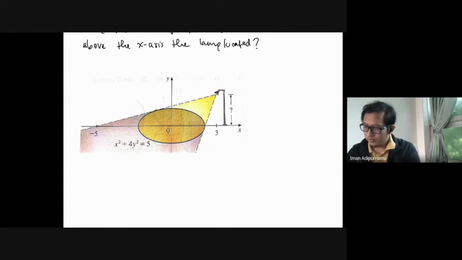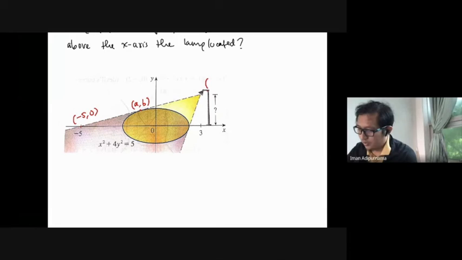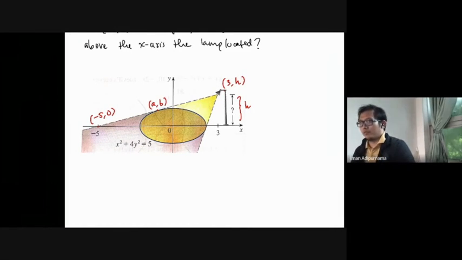Maybe you can name these points, maybe A, B. This is -5, 0, and this is 3, and let's say H. So this whole thing is H. You can solve the derivative from here.